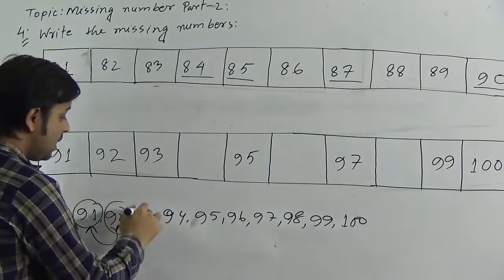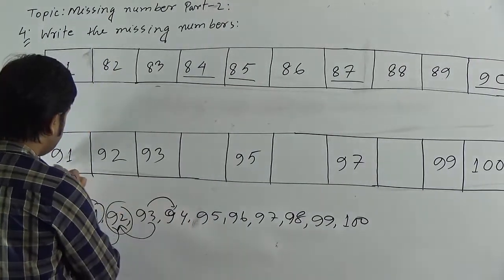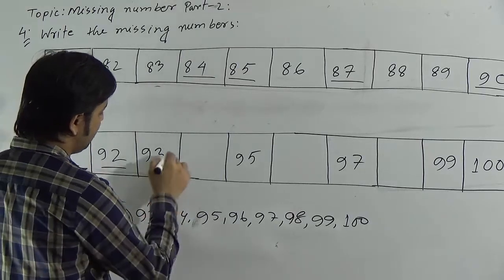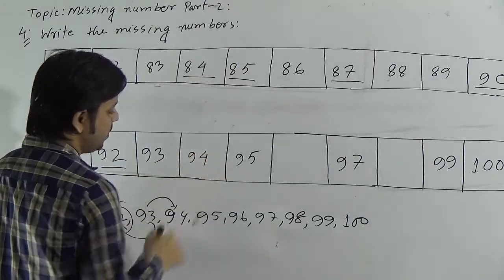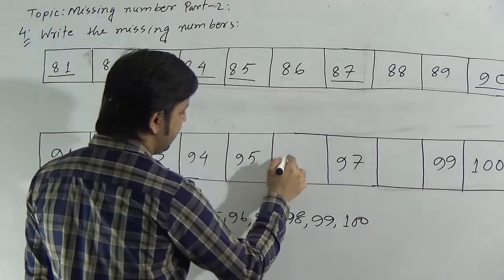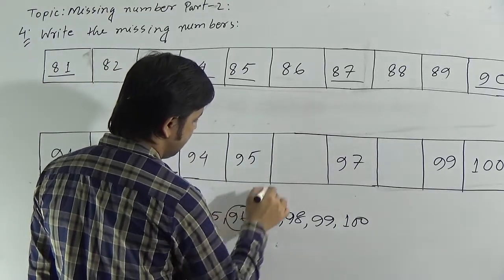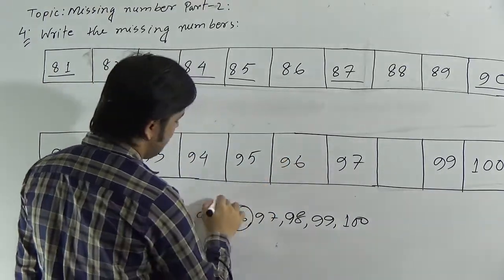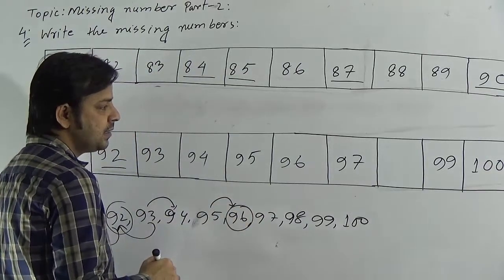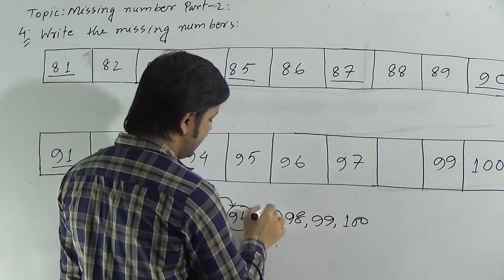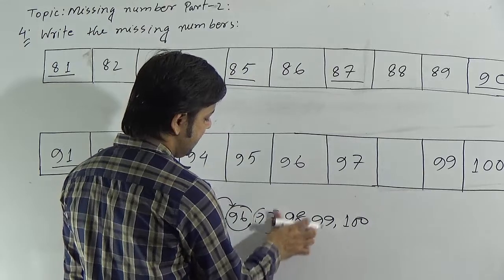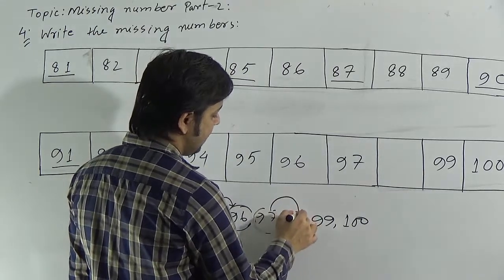Then after 93 you will get 94. After 95 you will get 96. After 97 you will get 98.